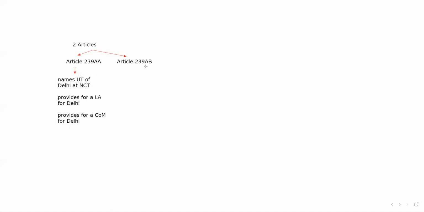Now, what is there in Article 239AB? Article 239AB empowers the president to suspend by order any provision of Article 239AA.